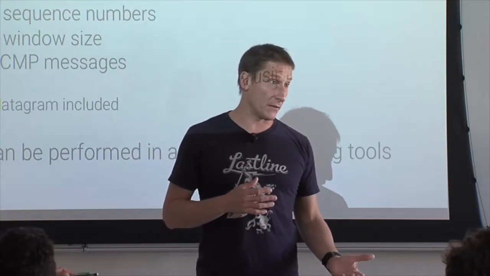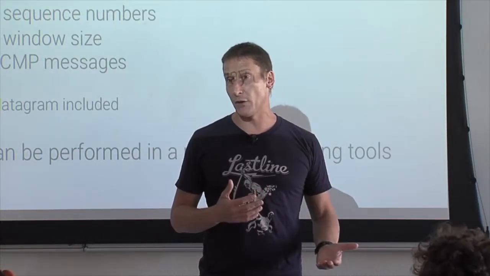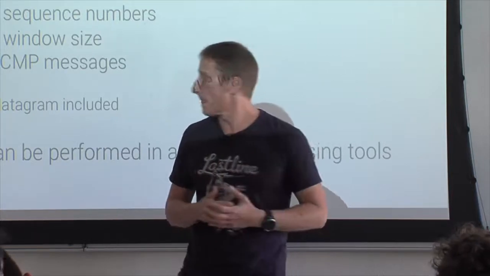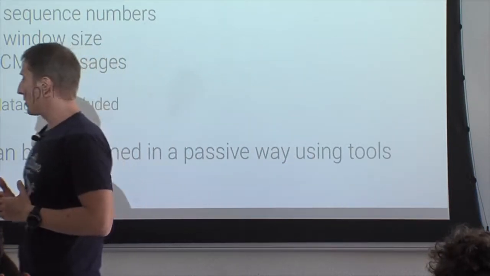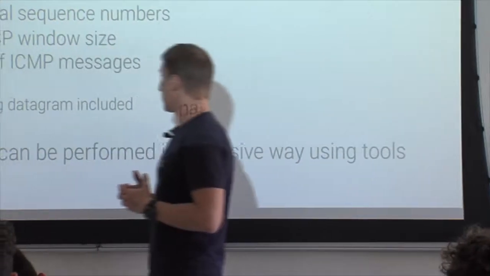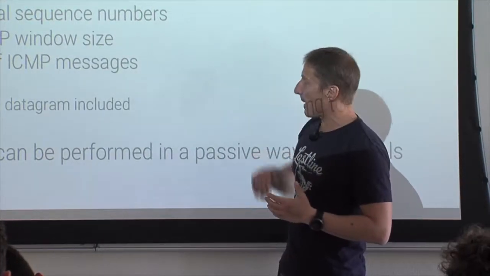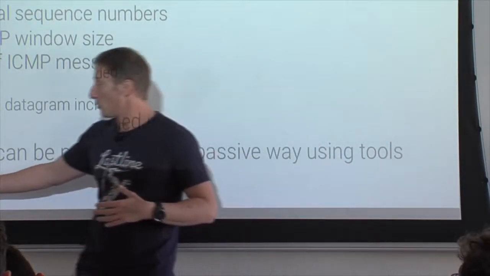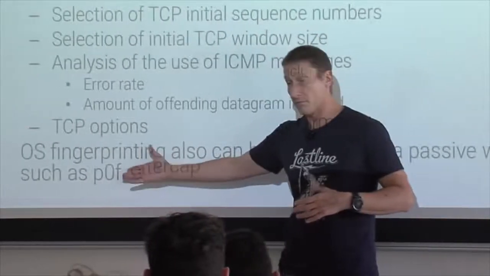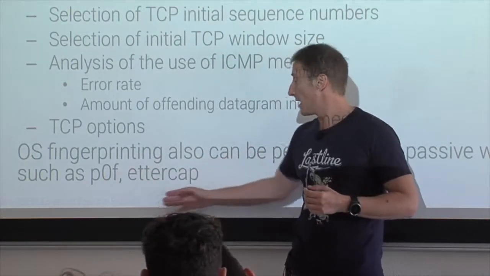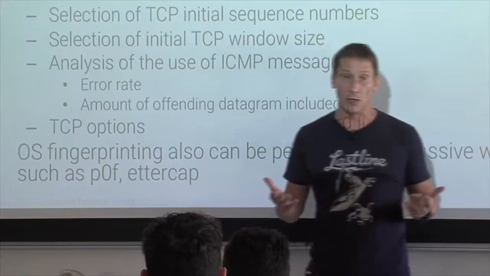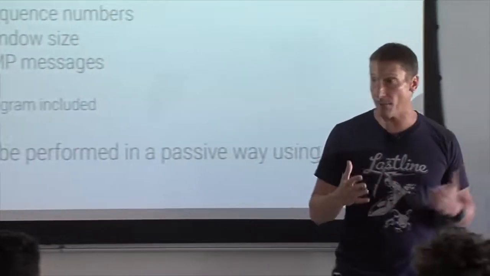Passive OS fingerprinting, of course, is a lot more difficult because you don't have a way to probe. Guess which is one of the best tools to do this: Nmap. But there are also tools like p0f, which is really passive fingerprinting, and Ettercap that are able to do it for you. So remember, Nmap is your friend.